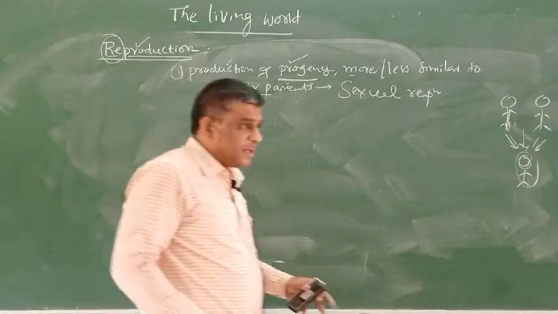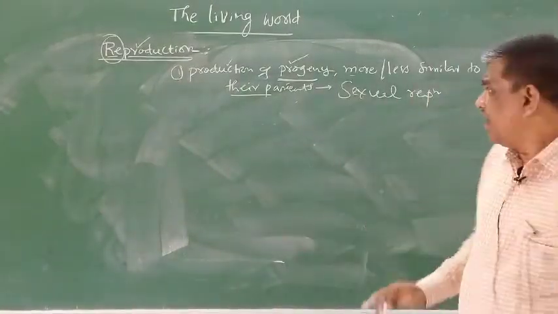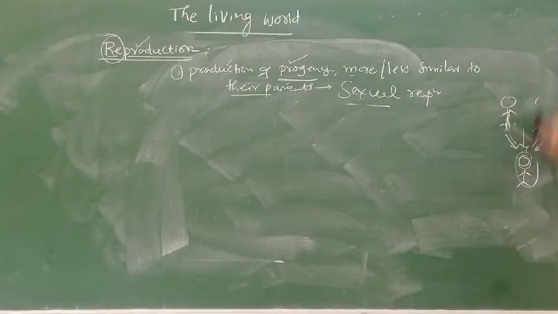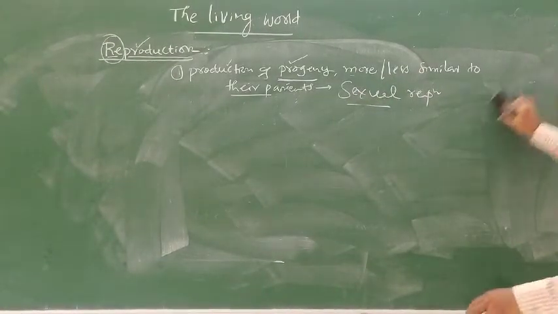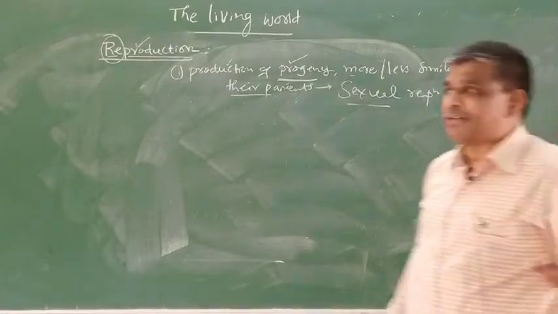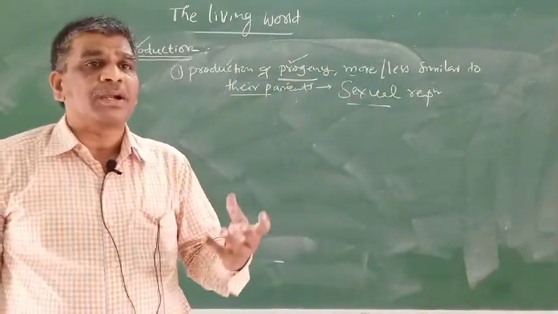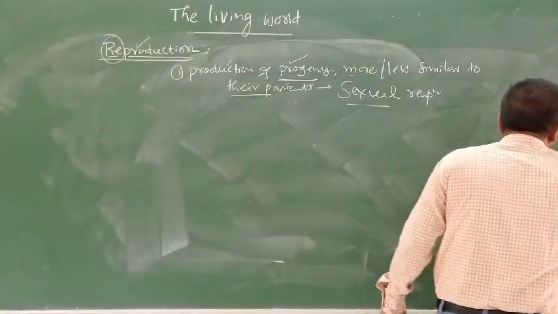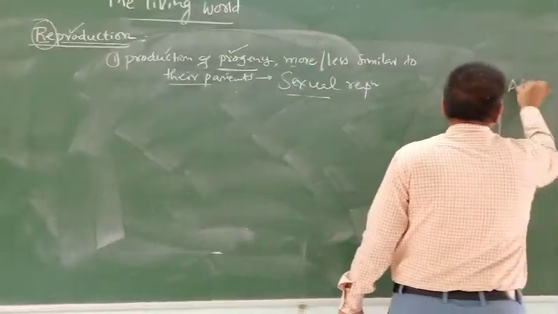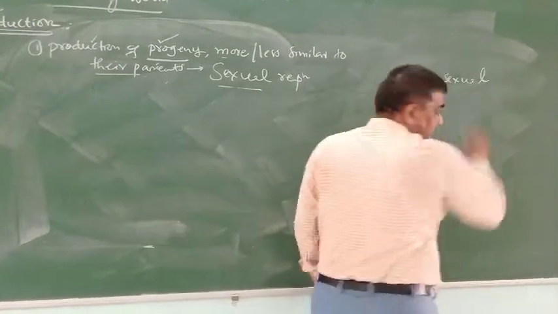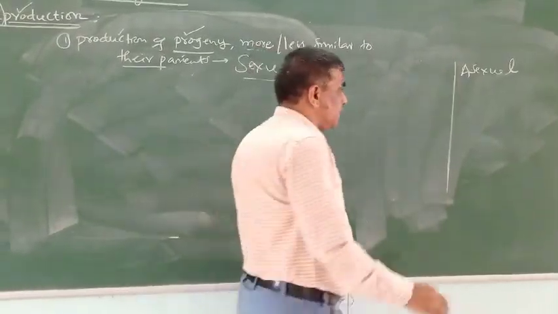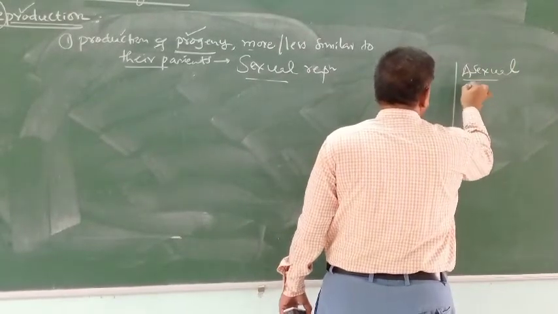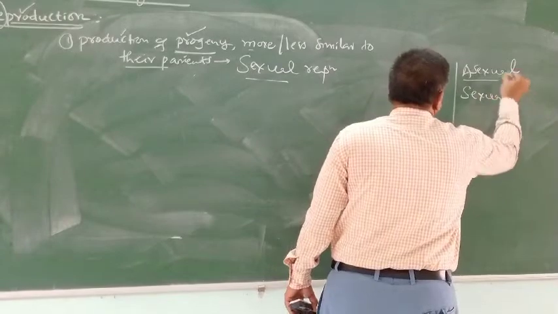Now a question arises: are there any other methods of reproduction other than this? Definitely. You have to understand how reproduction takes place, and what the different methods of reproduction are in different living organisms. One is asexual reproduction, and another is sexual reproduction.